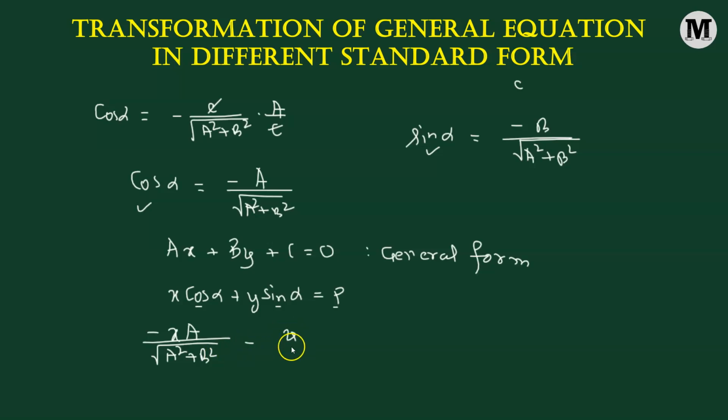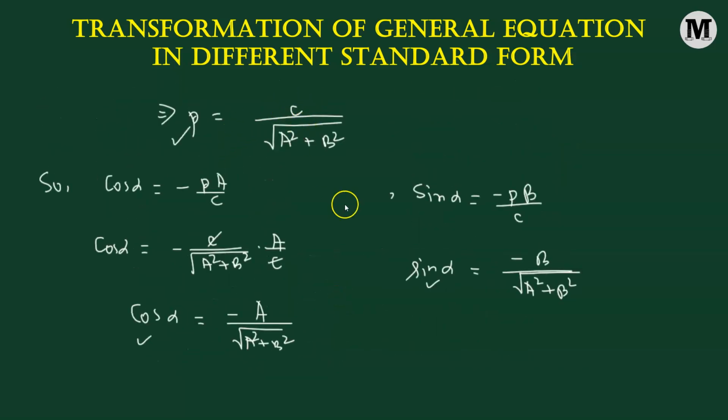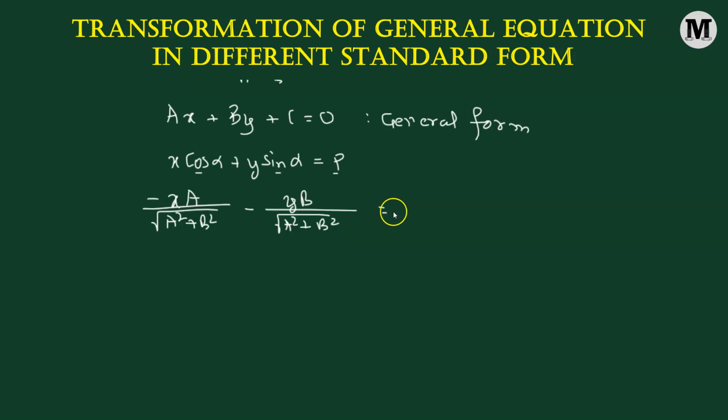Then we have negative y times b divided by the square root of a squared plus b squared, and this is going to be equal to p. So p came out to be equal to c divided by the square root of a squared plus b squared. So this is the normal form of the line ax plus by plus c equals 0.